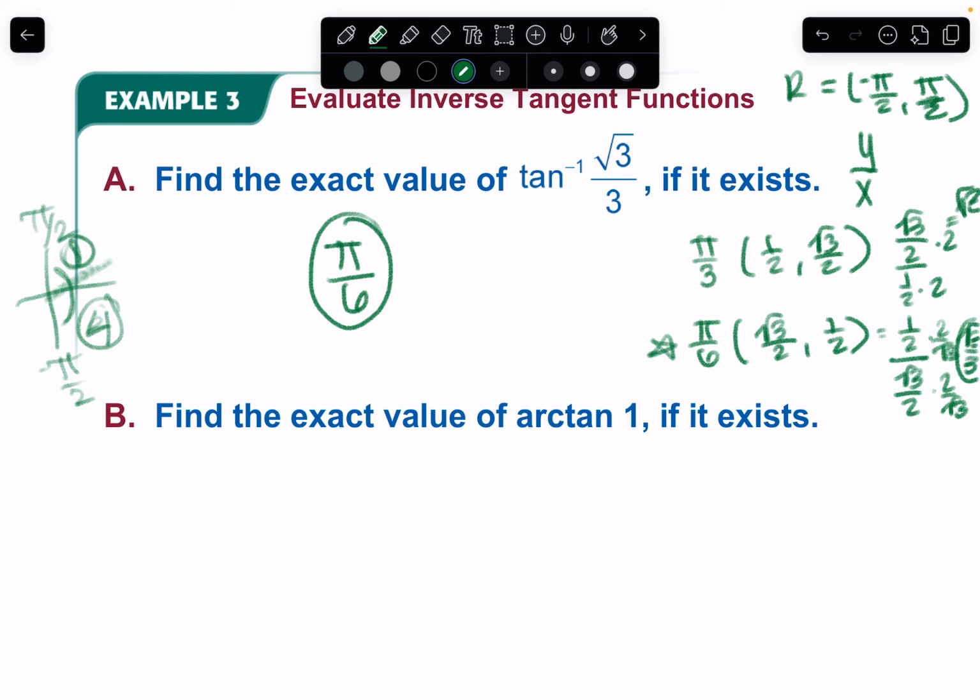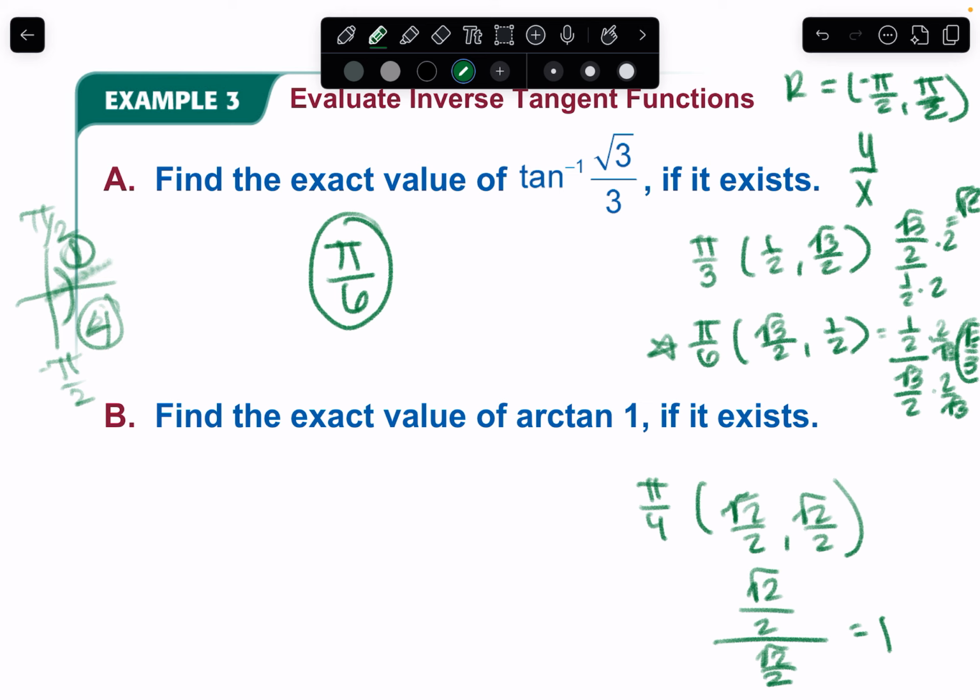If I look at pi over 4, my ordered pair at that point is square root of 2 over 2 and then square root of 2 over 2. If I were to actually do the math and divide those out, if I have a number divided by the same number, my answer is always 1. Again, tangent is positive in quadrant 1.